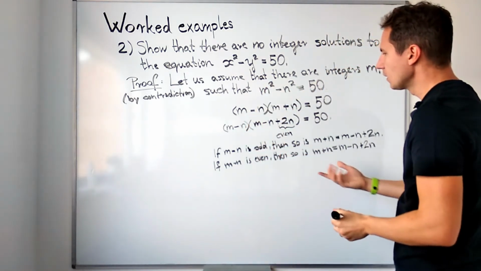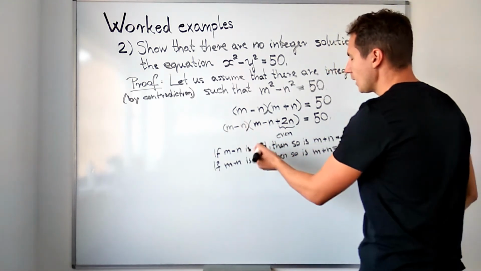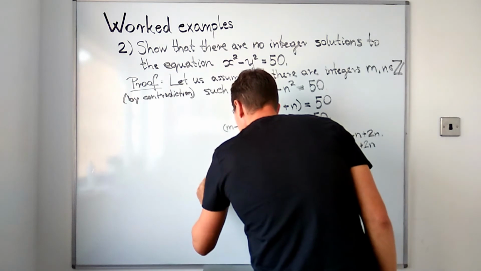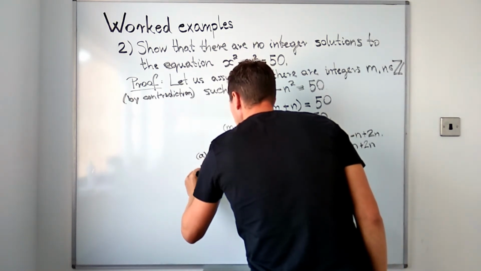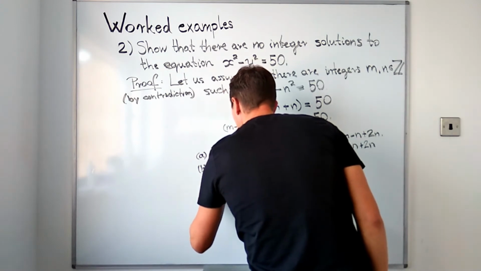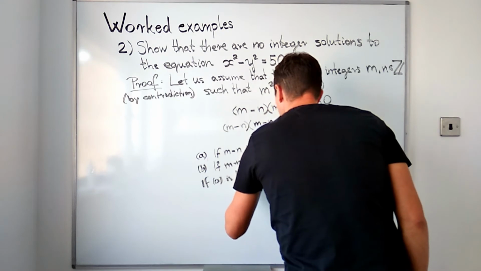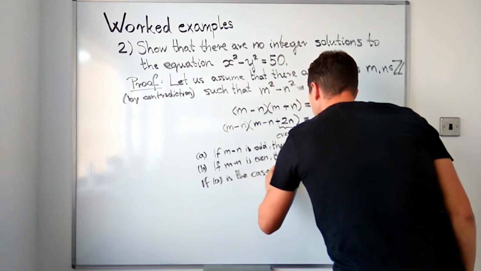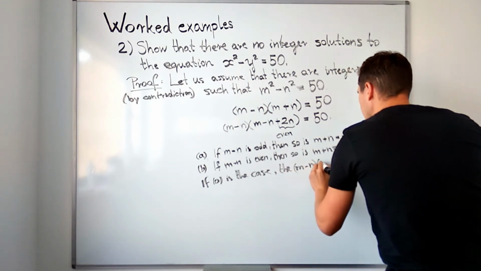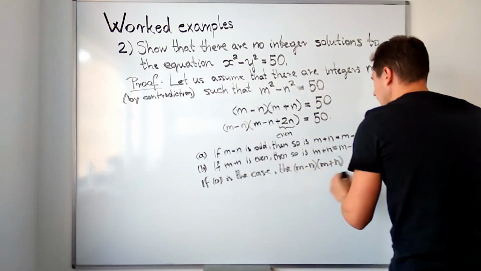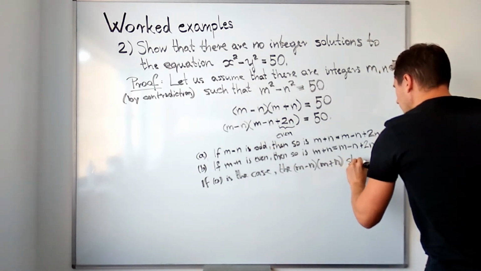What does it mean? If they are both odd, let's say we have these two cases, A and B. If A is the case, then m minus n times m plus n, the product of two odd numbers, should be odd.